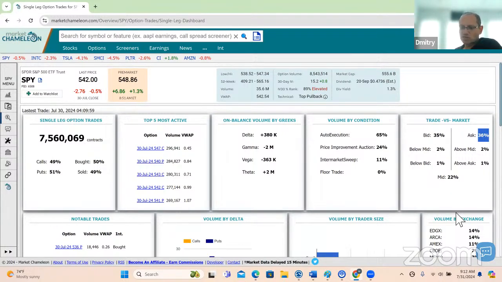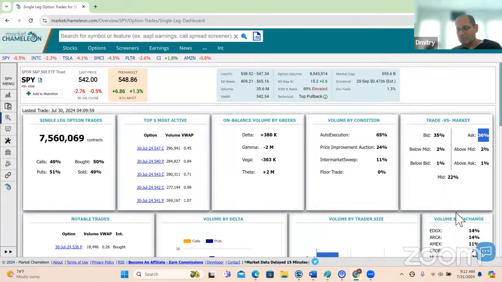But sometimes you'll get trades that are not on the bid or the offer. It could be somewhere in between, right? Like let's say you have a dollar bid and $1.10 offer. If a trade happens at $1.08, yes, it's in between the dollar and the $1.10, but it's closer to the ask.